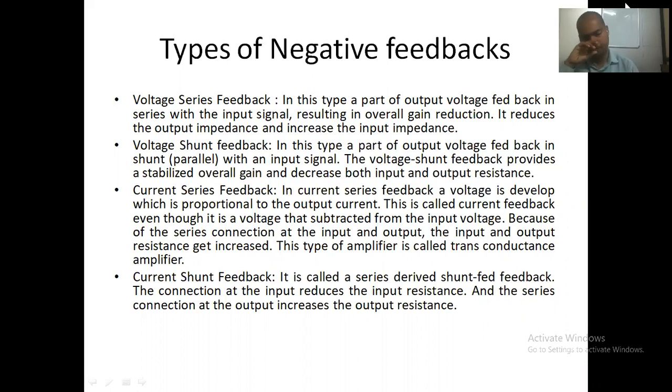Please tell me. Tell me the chapter name. Because of amplifier, it will bring negative feedback. Correct answer.